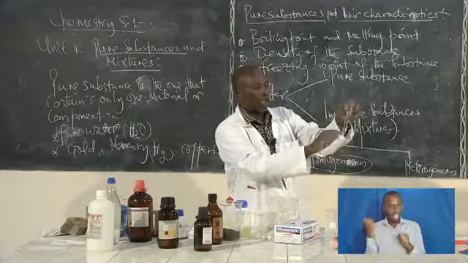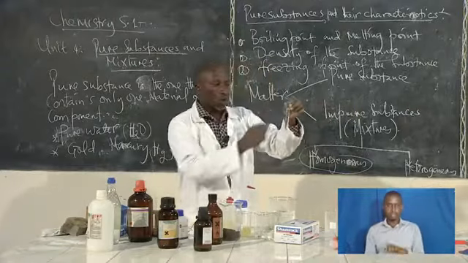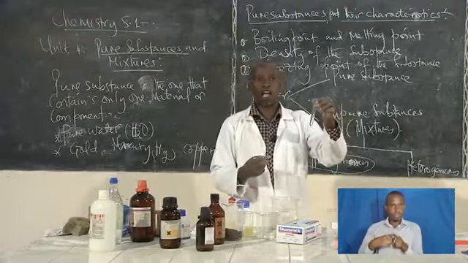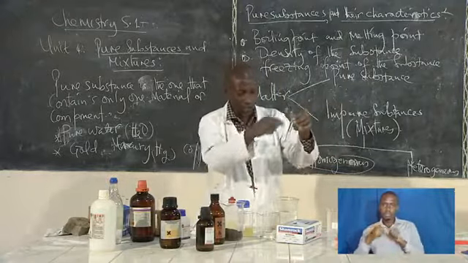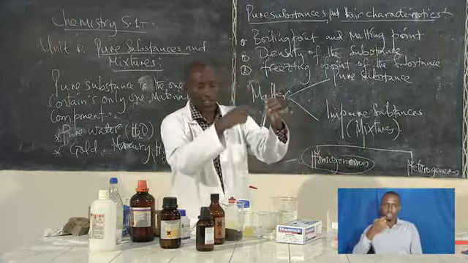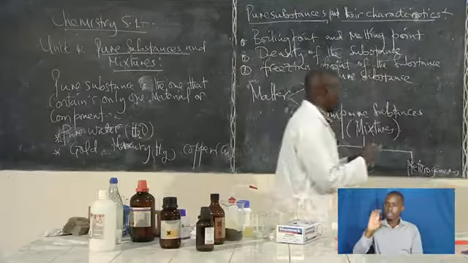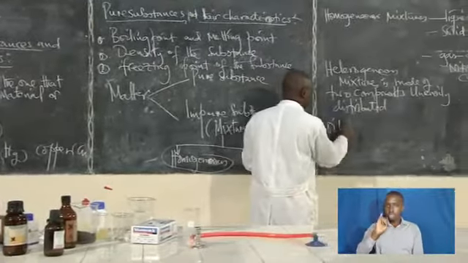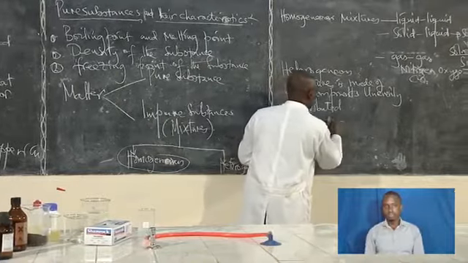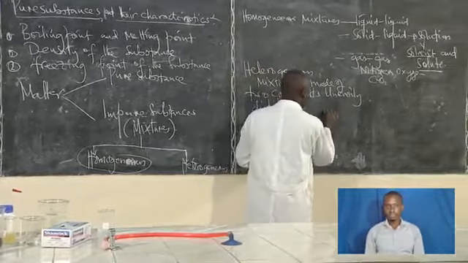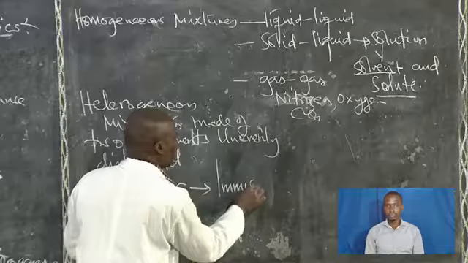Good. So the water is heavier, it is dense. That is why it goes down. So we also call this mixture, apart from being heterogeneous, this is one of the examples of heterogeneous mixtures. It is also called immiscible. These are immiscible liquids. So you have oil and water, and this makes immiscible liquids.